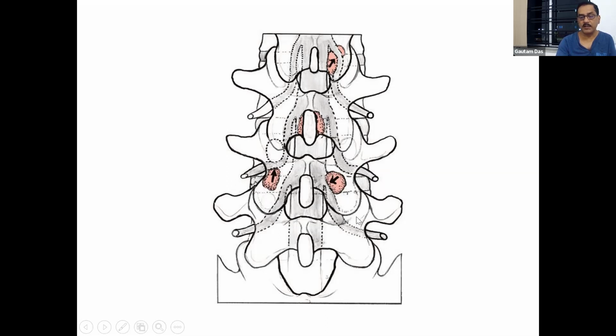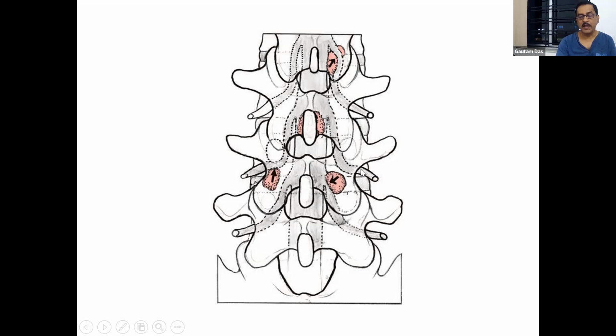This is one pedicle, this is another pedicle. The foramen is from here to here, and the nerve root comes just below the pedicle. That means the exiting nerve root is at the upper part of the foramen. So the L4 nerve root is exiting through the L4-5 foramen.